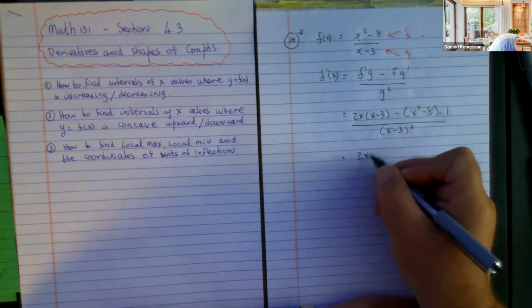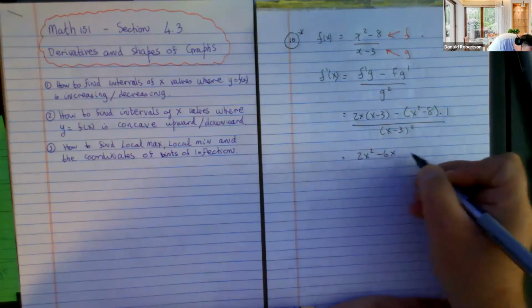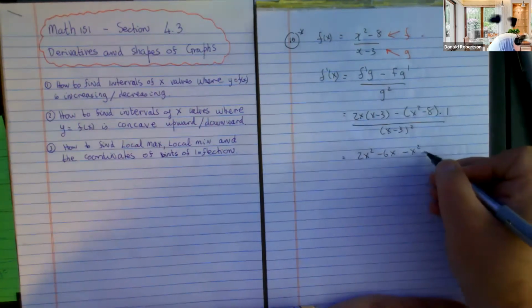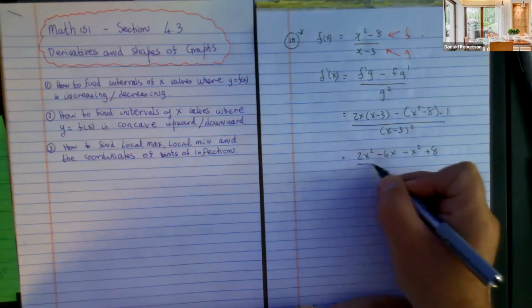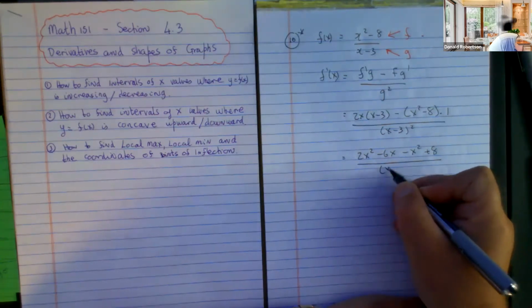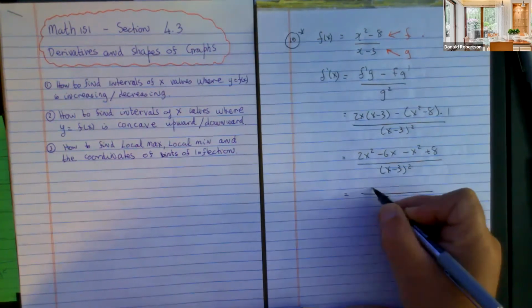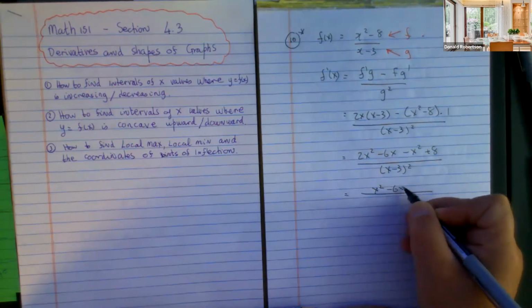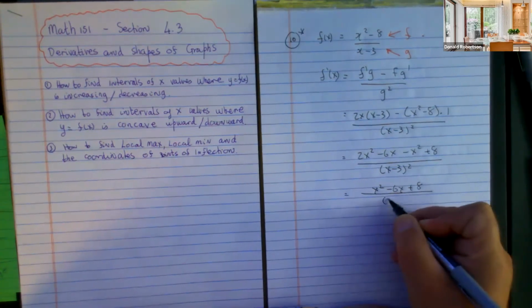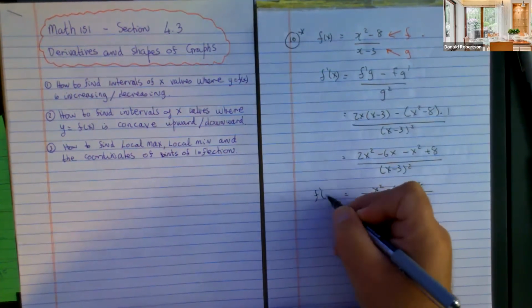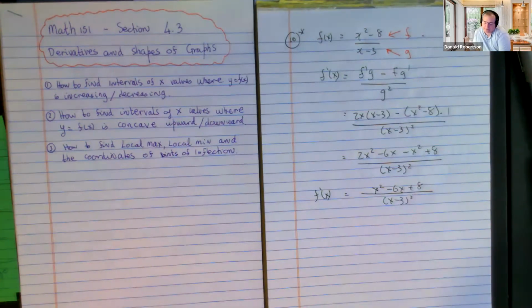Distribute this guy, you get 2x squared, take away 6x. This guy, you get take away an x squared, take away a negative 8, is add an 8. And then collect like terms. I have an x squared, a negative 6x, plus an 8, and I have an x minus 3 squared. Kind of rush through that a little bit, but I mean, you can always fill in the details later.